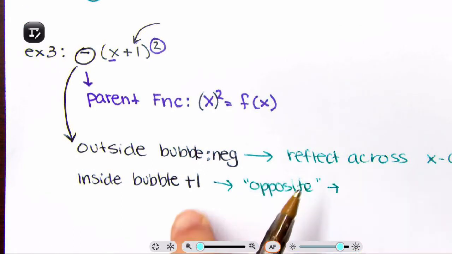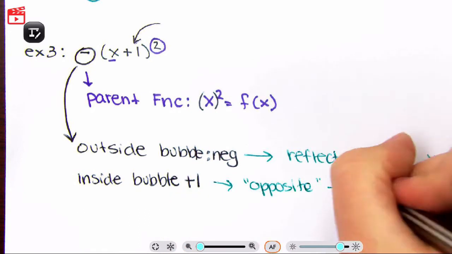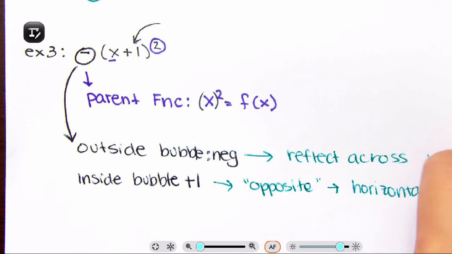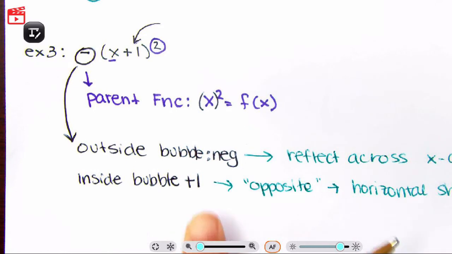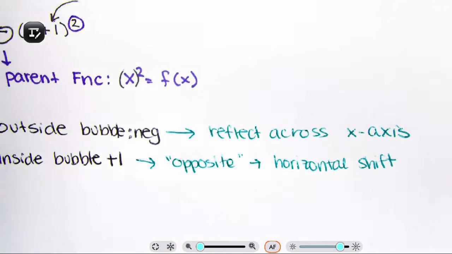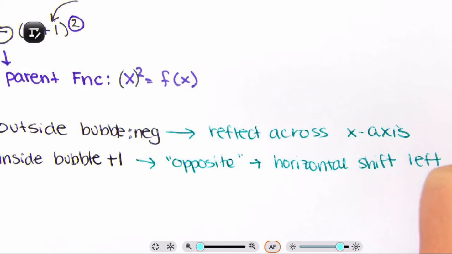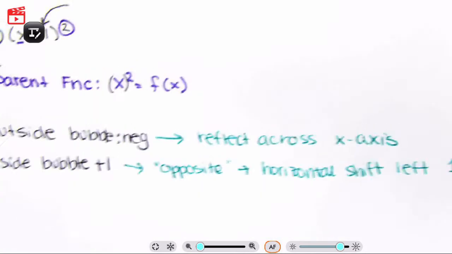So if it looks like horizontal plus 1, it is a horizontal shift. Which direction? If I see a plus 1, that means I'm going to the positive ones? No. Inside the bubble, you're thinking opposite. So if you see a plus 1, you're in fact going to the negatives. You're going toward the left, 1 jump. Or you can say shift to 1.